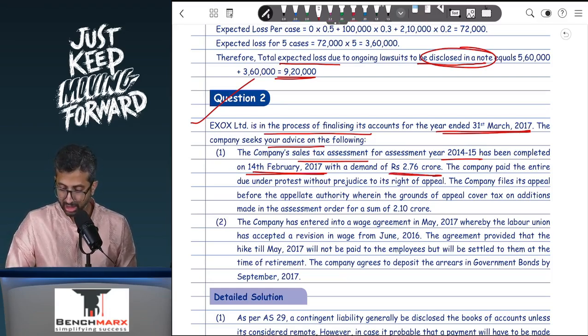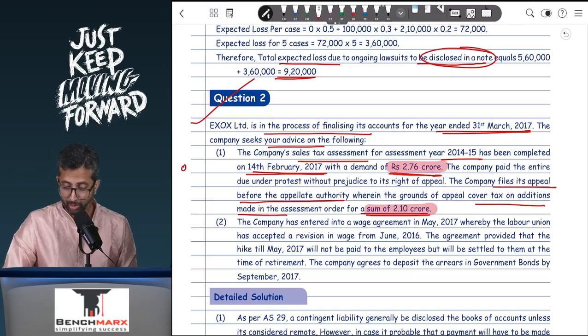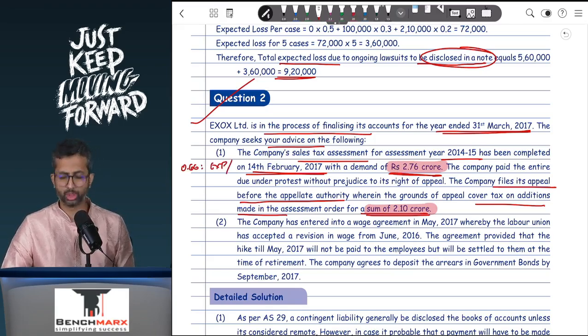The company paid the entire demand under protest without prejudice to the right of appeal. The company files its appeal before the appellate authority, wherein grounds of appeal cover tax on additions made in the assessment for the sum of 2.1 crores. So I'm fighting for 2.1 out of 2.76, which means I've accepted 0.66. So for 0.66, I'll record an expense with the corresponding provision if required, or a payment.